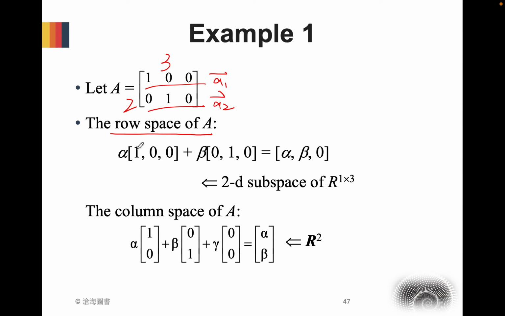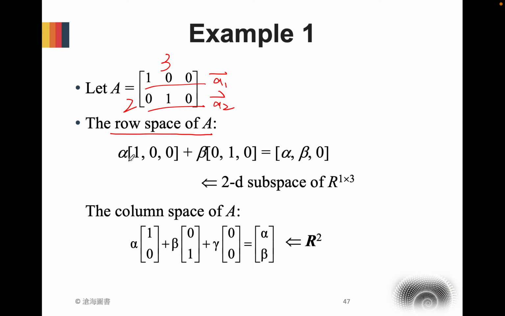Any vector in the row space of A can be represented as a linear combination of these two row vectors. So assume the coefficients of these two row vectors are alpha and beta. When we add them together, we get alpha, beta, 0, right?